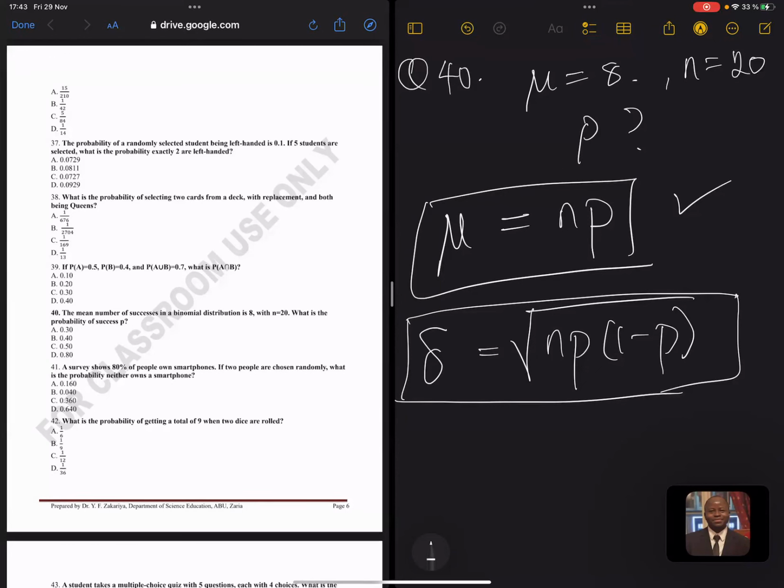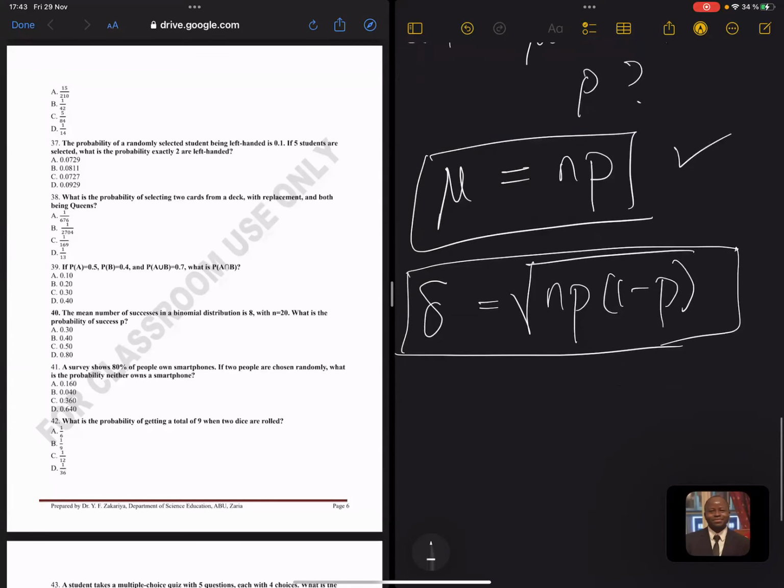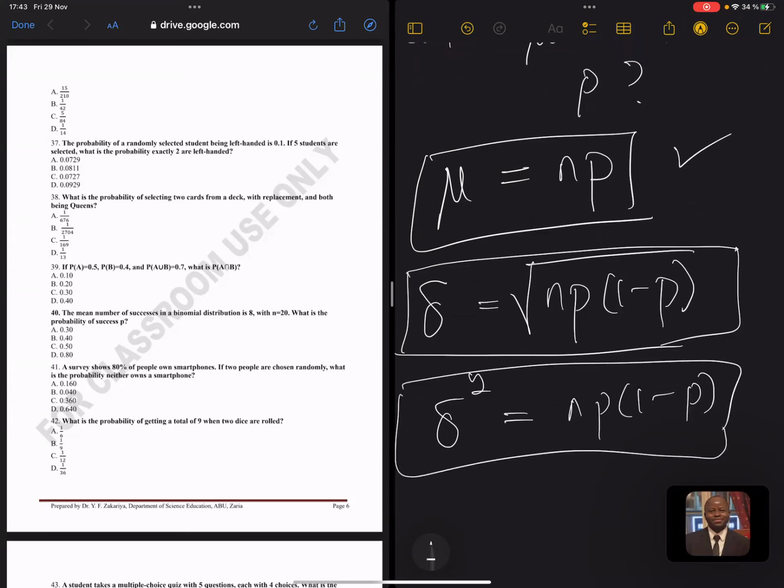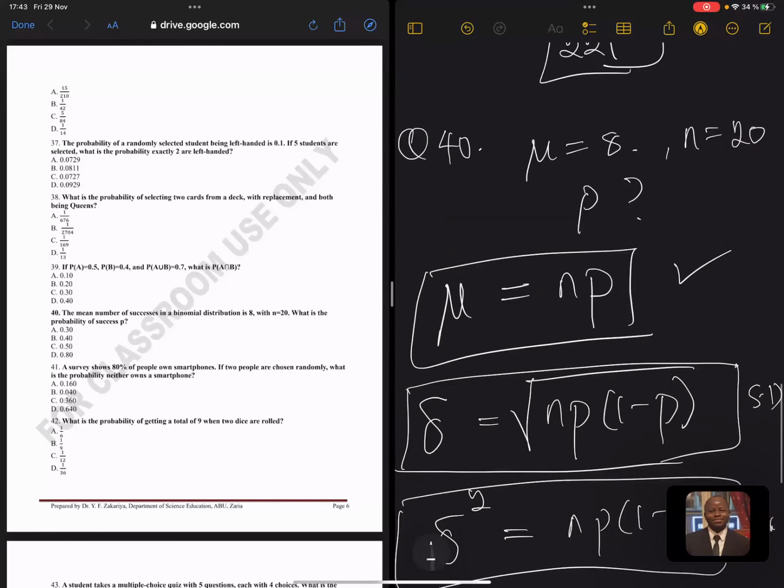If p is the probability of success, then 1 minus p is the probability of failure. And you can get the variance, which is the square of the standard deviation, np(1 minus p). These are very important. This one is the standard deviation, and this one is the variance.